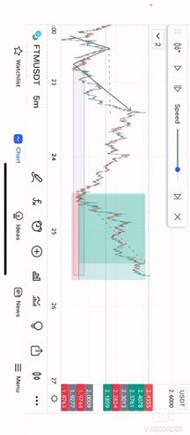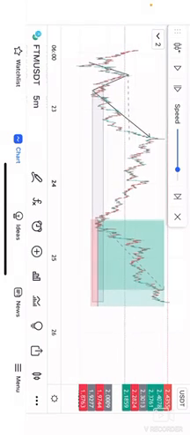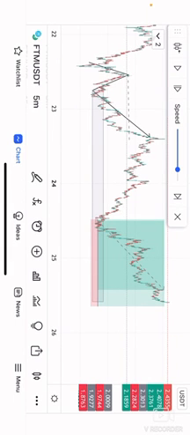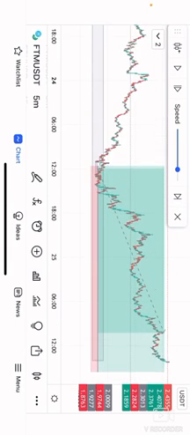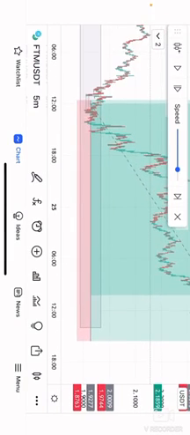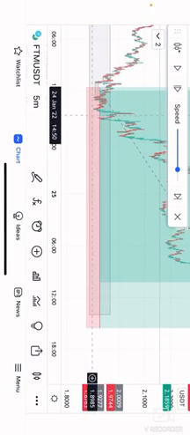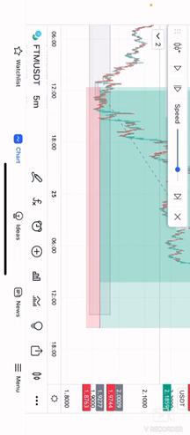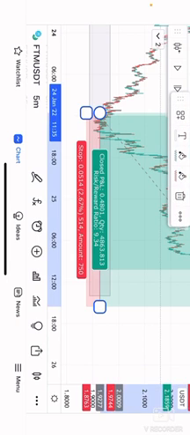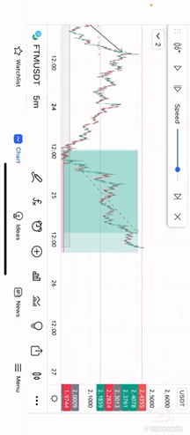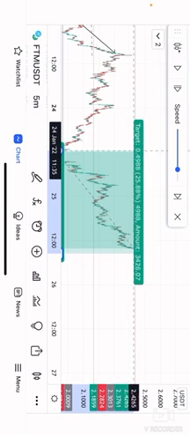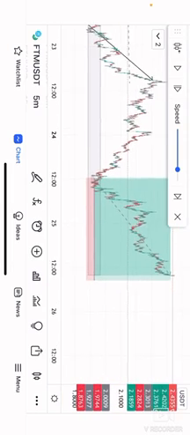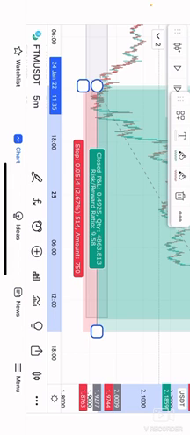Let me just quickly explain this stop loss. This red side is the stop loss. This green side is the take profit. If you click on it, you see the risk to reward ratio, 9.58.